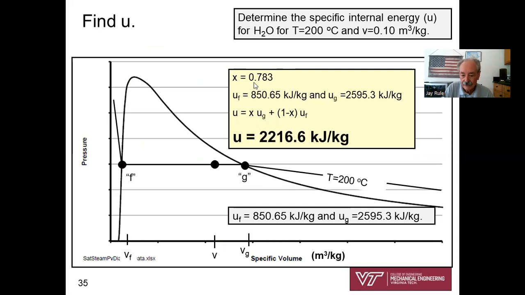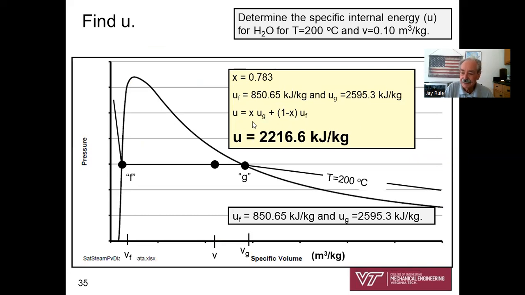Here we go. X was 0.783. We wrote these two numbers down from our temperature table. You are certainly welcome to find in your textbook a formula. Here's a formula, okay? You can apply that formula, or you can kind of remember, what does quality mean? It says that, look, quality is a proportion of vapor in a mixture divided by the total mass.